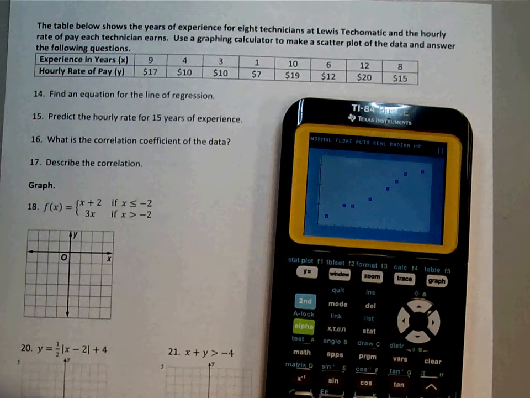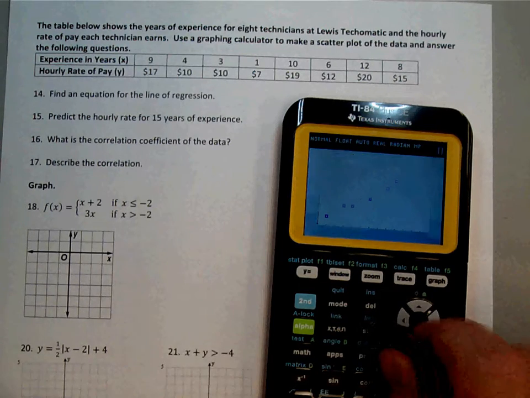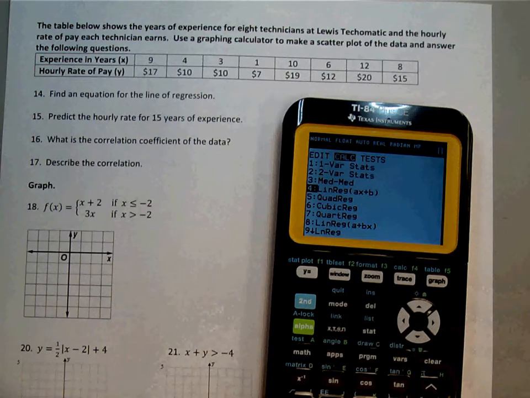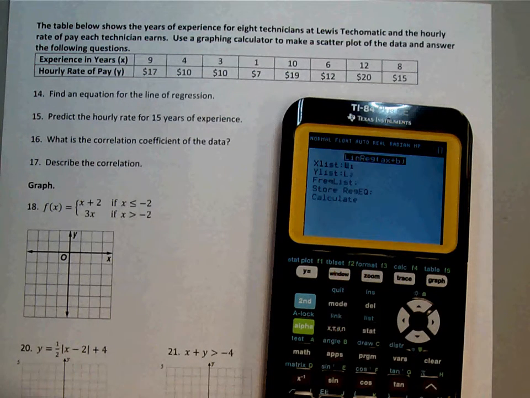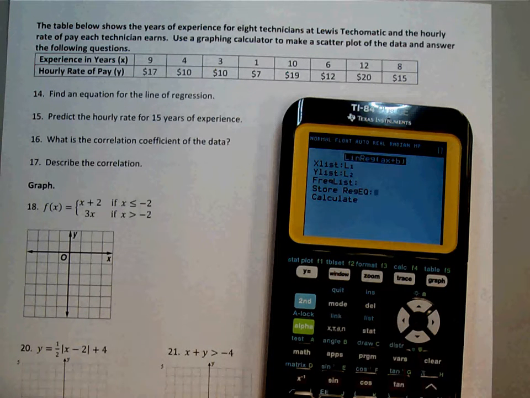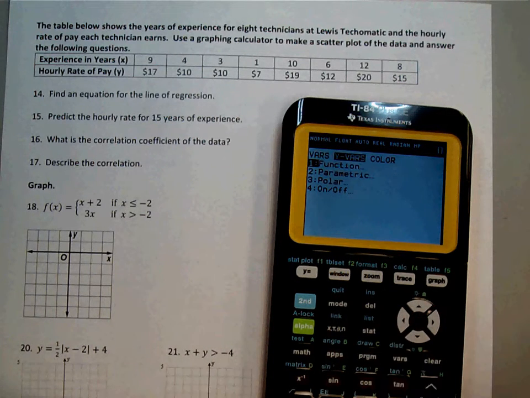Good. Now they're going to ask in number 14 about an equation of a regression line. So if we go back to Stat, over to Calc, the fourth option down is a linear regression in slope-intercept form. I'm going to choose that. L1, L2, I like that. I want to store it as Y1, so I have to go to Vars. There's a button right next to Clear. Y-Vars, and it is a function.